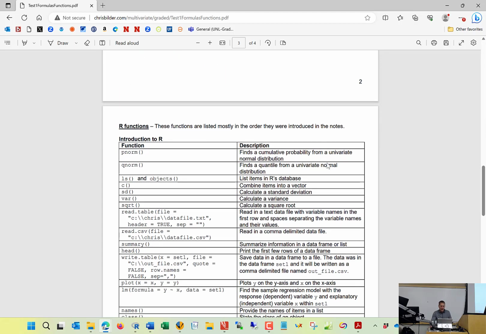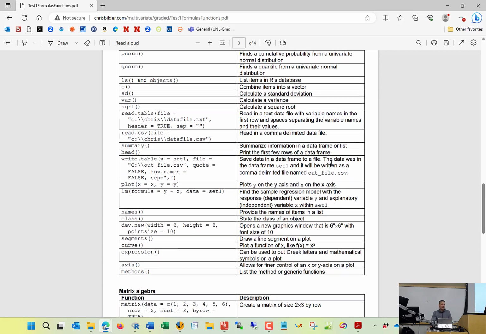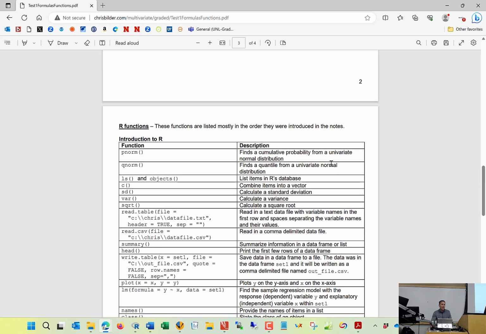As I page down, you can see I've tried to get all the main functions that we've talked about. So this could be a quick reference guide during the tests, and you're welcome to use it as needed.